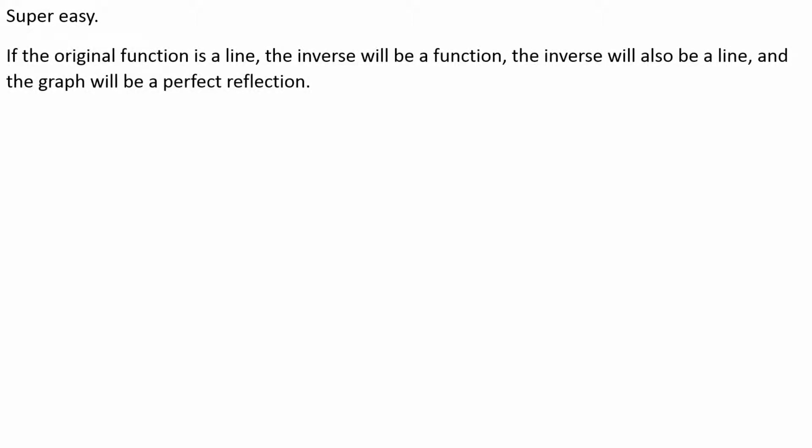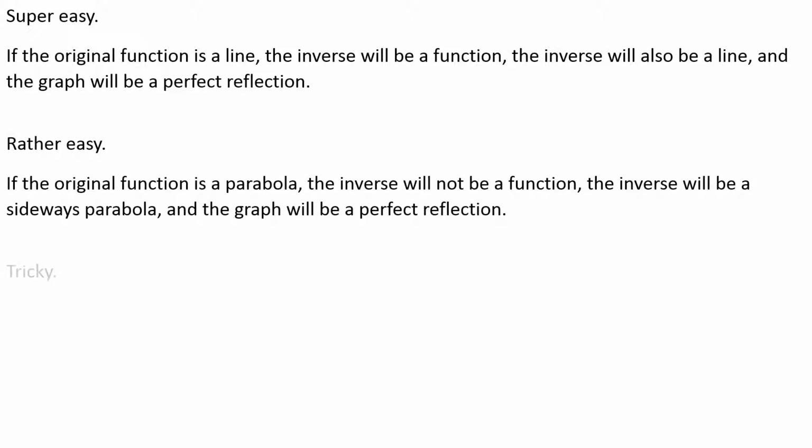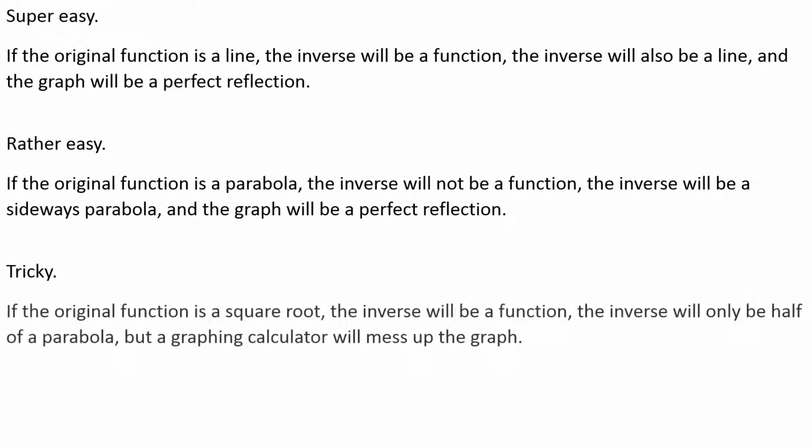All right, so if the original function's a line, the inverse will be a function, of course, as long as we're not looking at a vertical line. The inverse will also be a line, and the graph's going to be a perfect reflection. If you start out with a parabola, the inverse won't be a function.